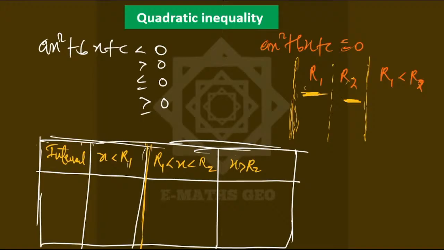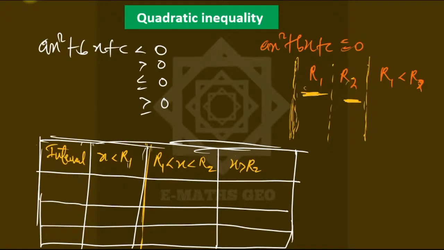So how do we now test? How do you test? You test by factoring. A quadratic function can always be factored, maybe as a1x plus b1, a2x plus b2.